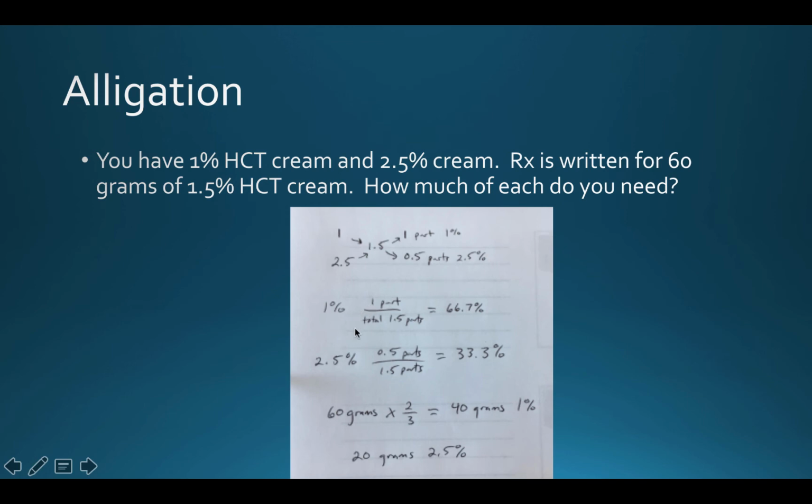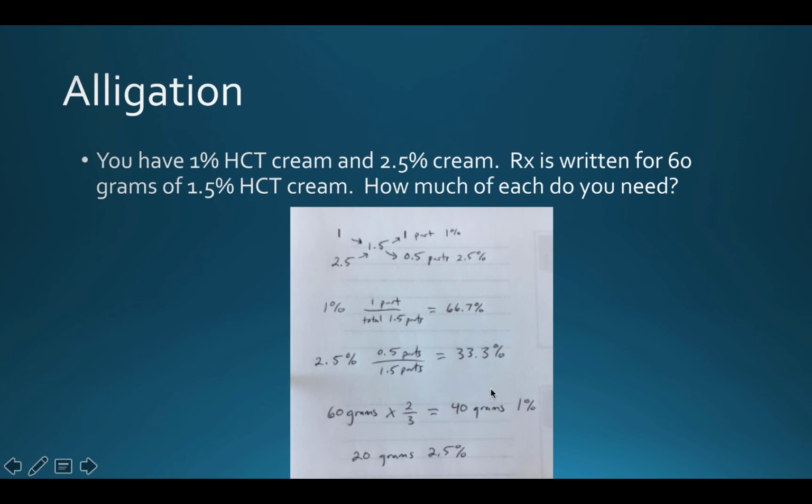So solving for that, we want approximately 66%, or excuse me, 2/3, 1%, and we want a third, 2.5%. So 60 grams times 2/3, or 66.7%, you're going to get 40 grams.